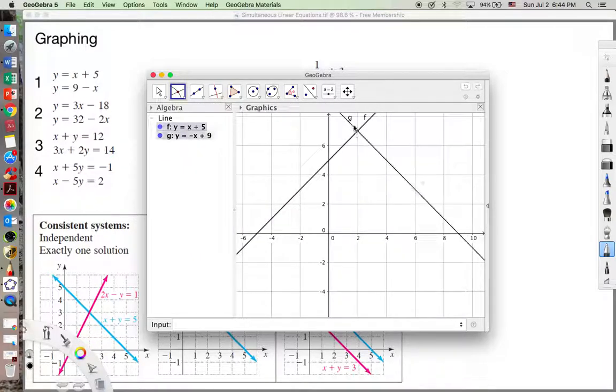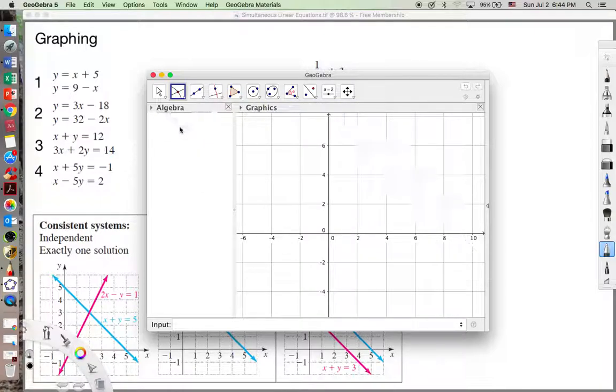Right, so we're going to find the point of intersection there, and that's (2, 7). And if we wanted to check that, our x component is 2 and our y component is 7, so we say 7 is equal to 2 plus 5, and that's correct. And then 7 is equal to 9 minus 2, and that's correct.